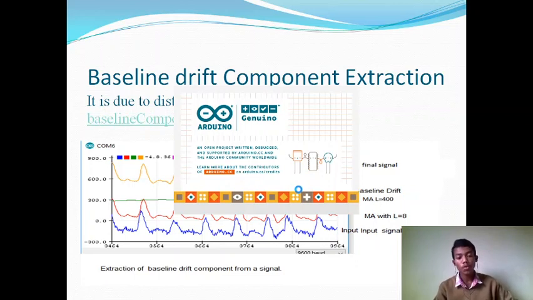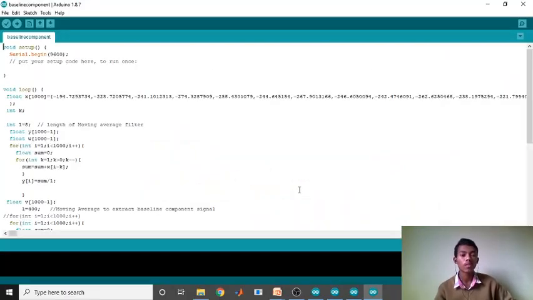So if you want to get those low frequency components, you need to attenuate the high frequencies as much as you can. For that I will use a moving average filter only, but I will change my order.